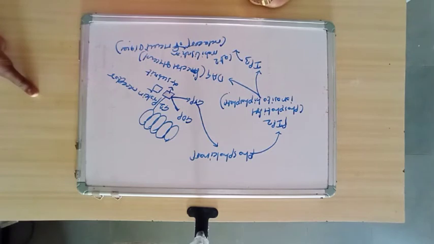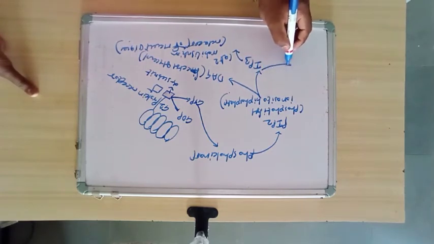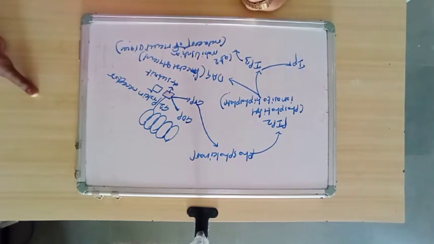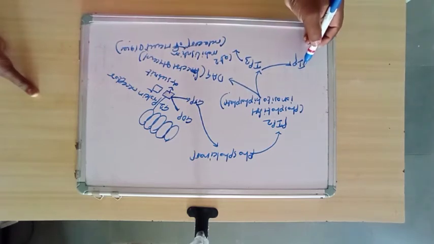And this IP3 gives IP, that is inositol monophosphate. Let us see the diagram and then we discuss the mechanism in detail.